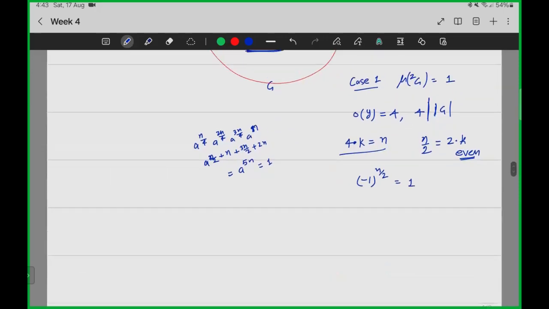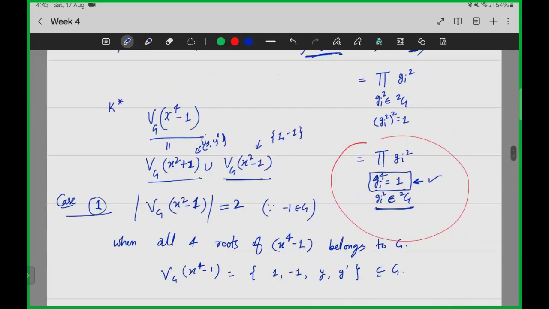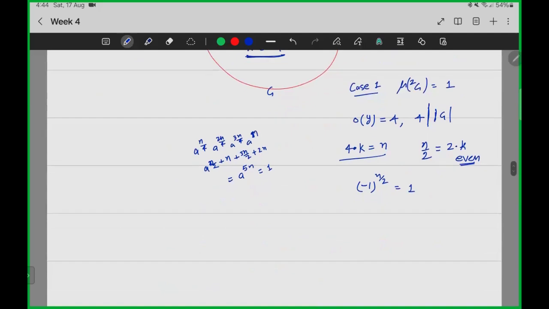What about the other case when n is not divisible by 4? Then in that case, this part does not have any root, and V(G) is nothing but V(G) of x to the power 4 minus 1. This has order 2. Then n by 2 is odd, right?